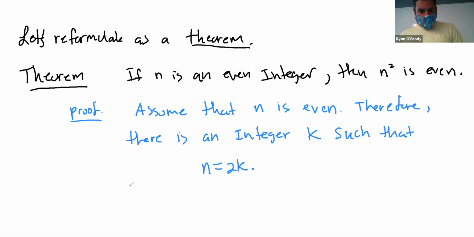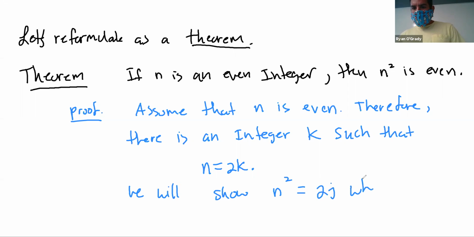We will show n squared equals 2j, where j is an integer.